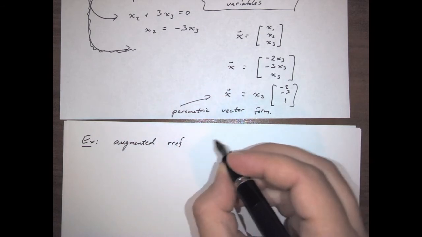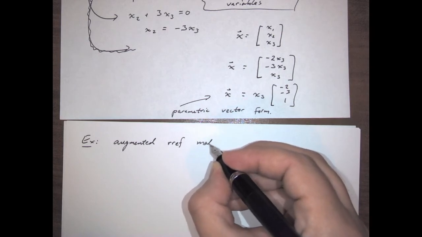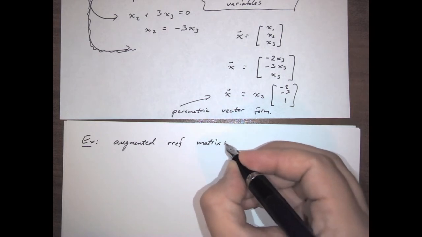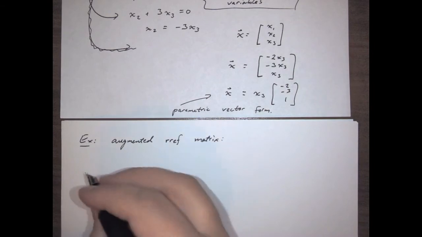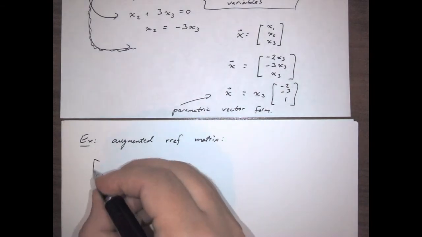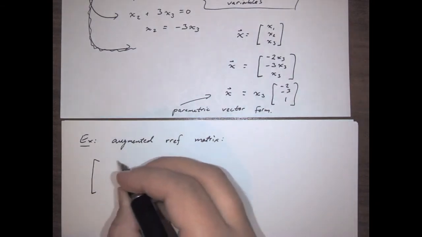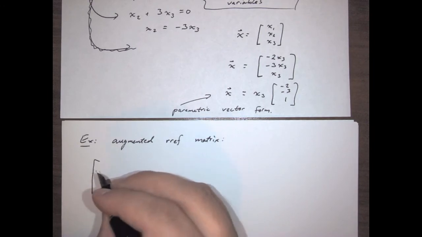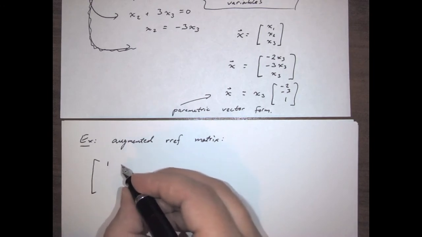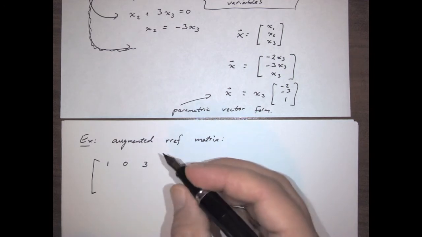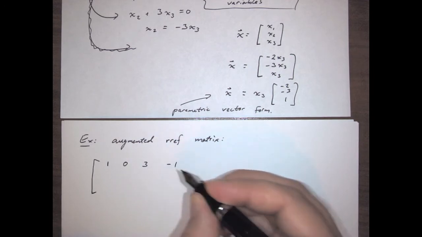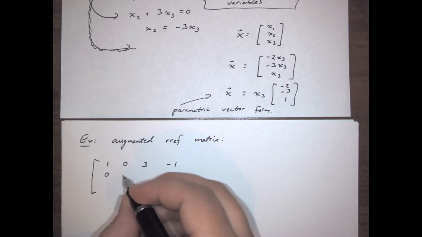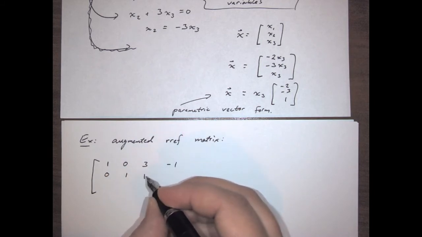RREF matrix. So we can just cut to the chase. We can cut out all the legwork that we would have to do perhaps originally. Let's say what we had was something like this. We had 1, 0, 3, just like before, then negative 1. Then 0, 1, 1.